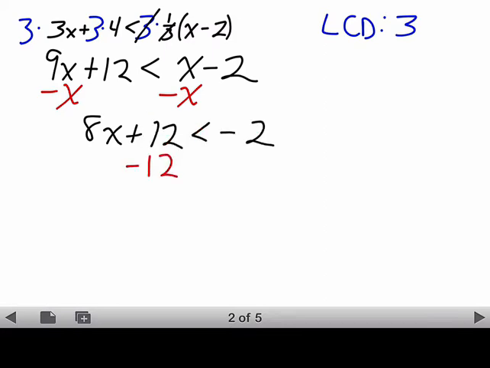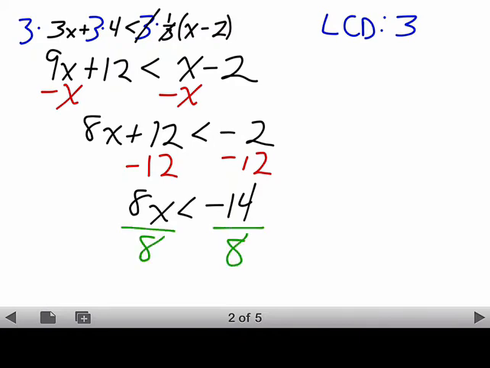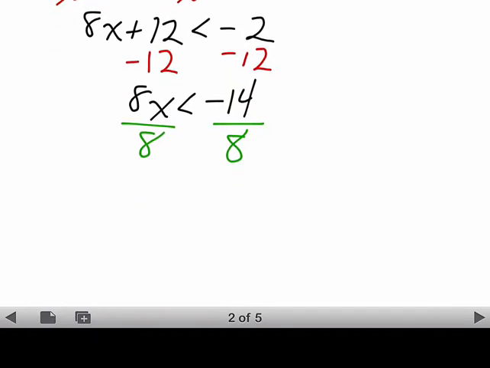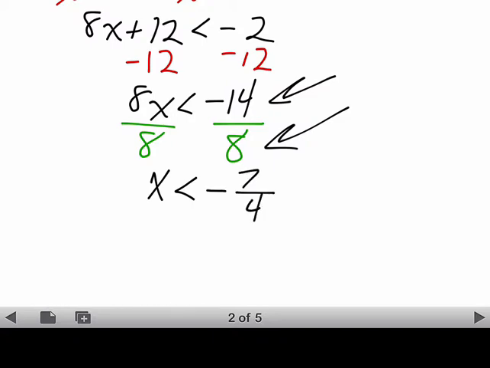And when I subtract 12 from both sides, we get 8x is less than negative 14. And finally, when I divide by 8, I first note that I'm dividing by a positive number, so no inequality symbol needs to reverse. I end up with x is less than, I'm going to reduce the negative 14/8, dividing out the 2's. We have negative 7/4.